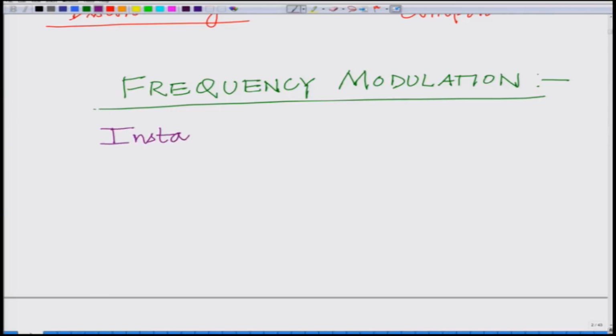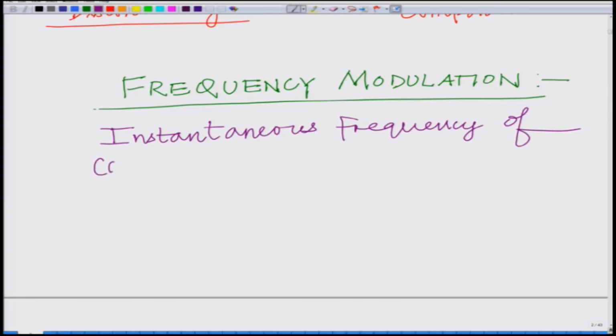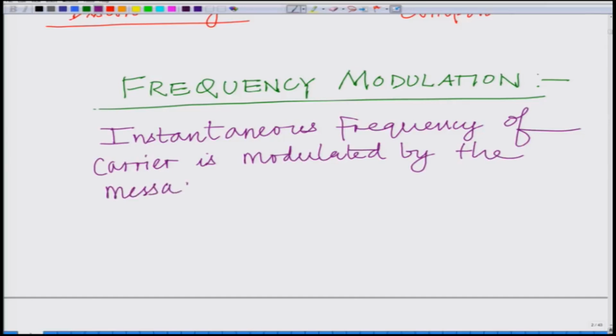is modulated by the message signal. So, in this, the instantaneous frequency is modulated rather than the phase.